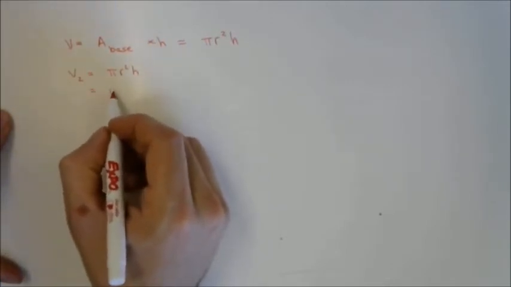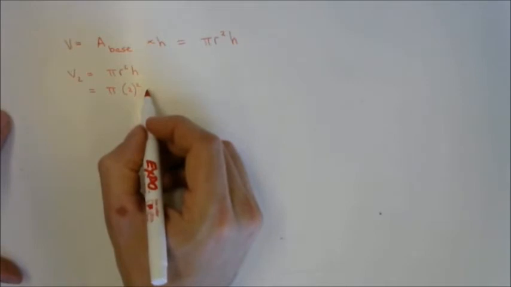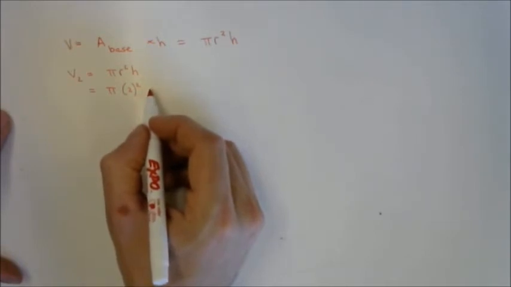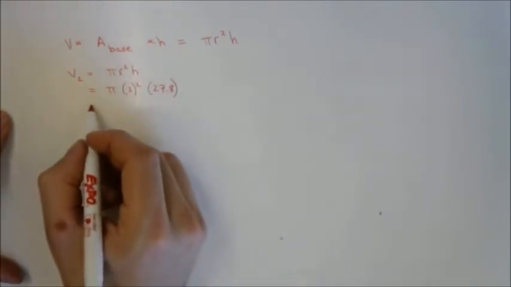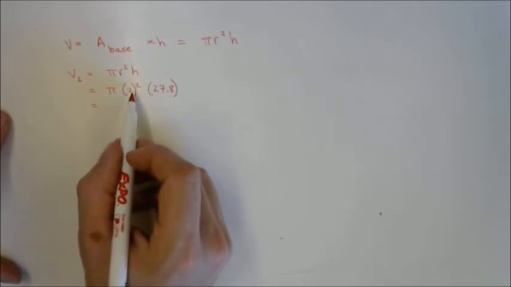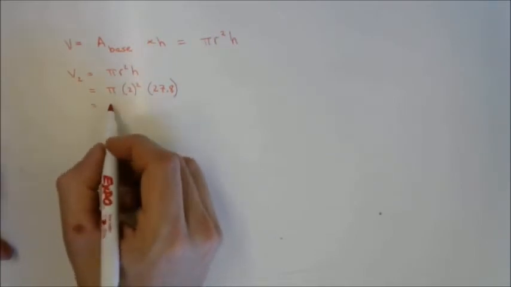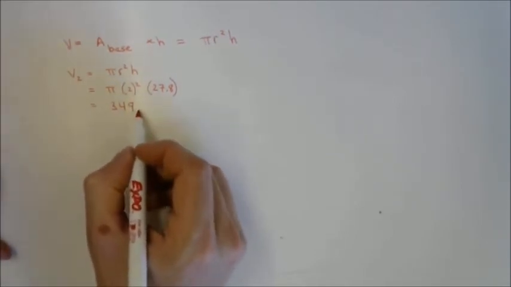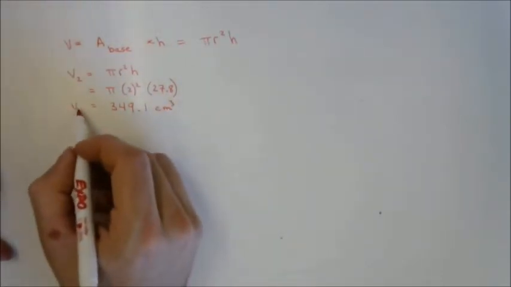Sub in what we know. r is 2 and h was 27.8. So 2 squared is 4, times 27.8 times pi is 349.1 cubic centimeters.